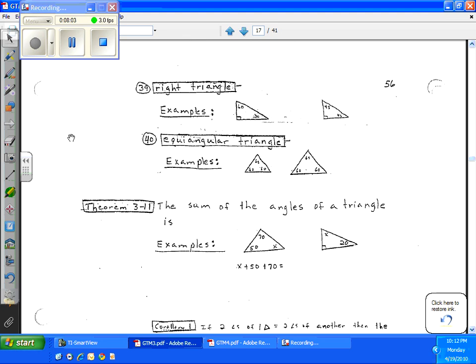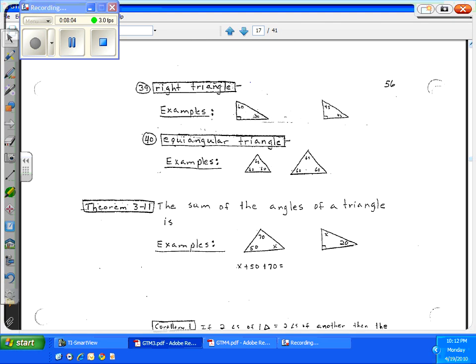A right triangle has one angle that is 90 degrees. In other words, it has one right angle. And there's some examples.